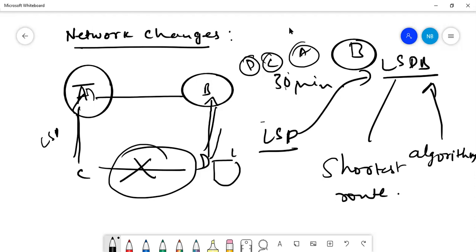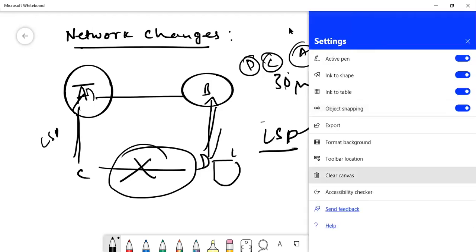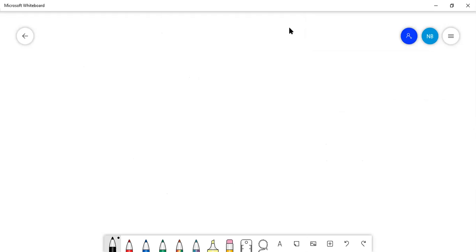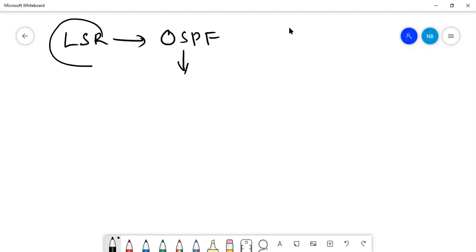Okay. Now coming to the protocol which is based on link state. All this that we discussed is link state routing, which will be used in the OSPF protocol. Now we are going to see what exactly lies in the OSPF protocol. So how LSR works, we have seen here. Now how OSPF is dealing with LSR, that we will see. So the OSPF protocol is a link state routing protocol, just now we told you.